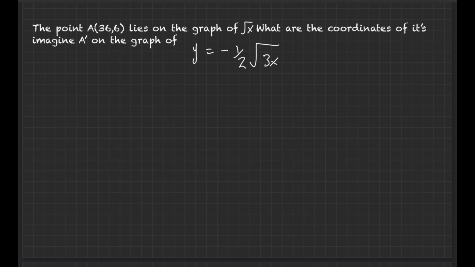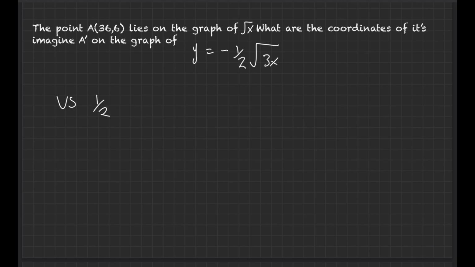Now, let's try this. So the point (36, 6) lies on the graph of square root of x. What are the coordinates of the image on -1/2 root 3x? Okay, so the first thing that's going to happen in this function is a vertical stretch by 1/2.